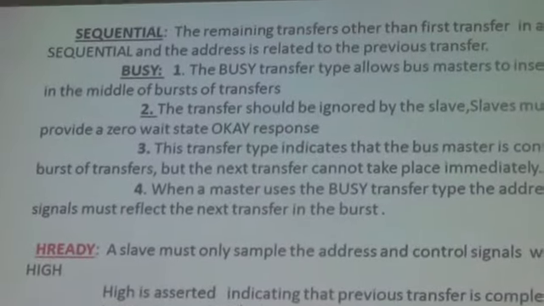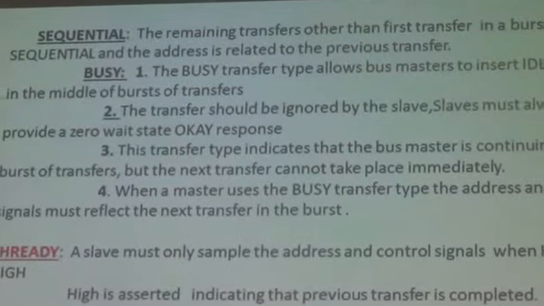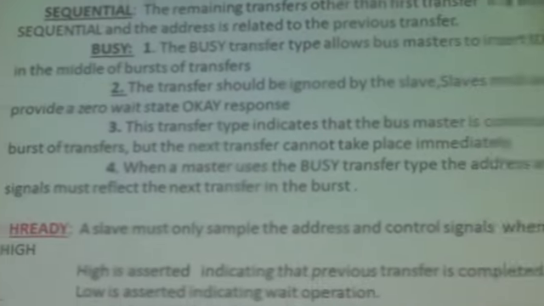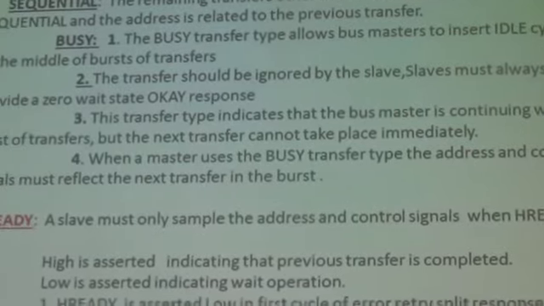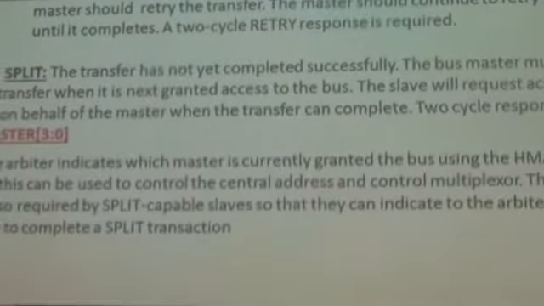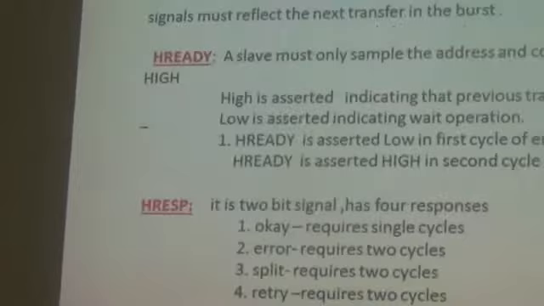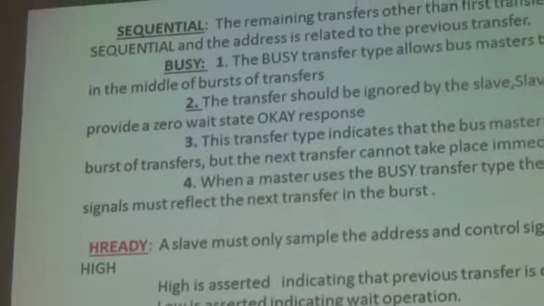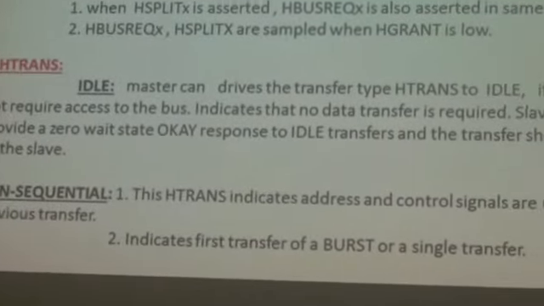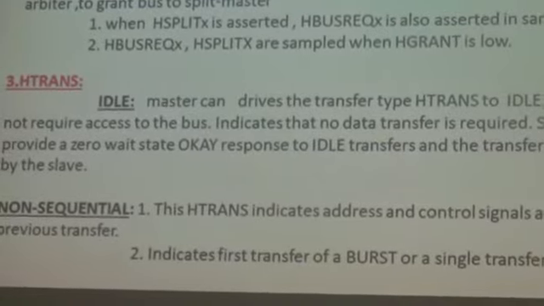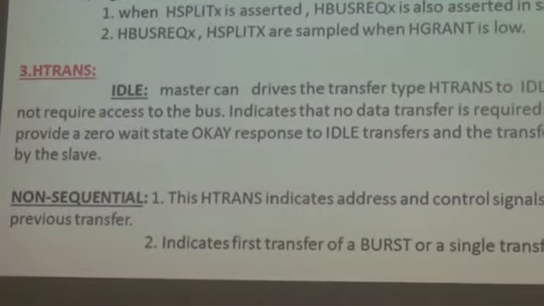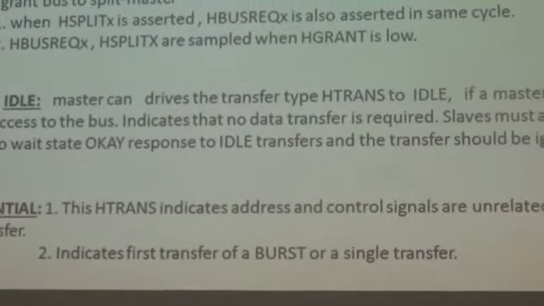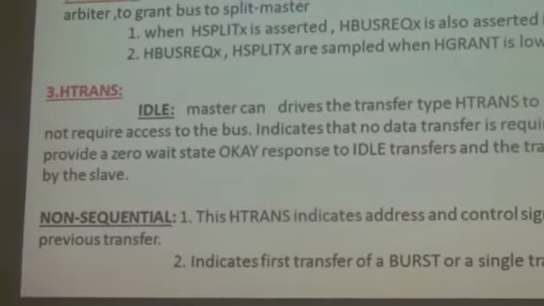Sequential transfer: the remaining transfers in a burst, other than the first transfer, are sequential and the address is related to the previous transfer. We have seen here in a non-sequential transfer that there is one transfer which is independent, and its address and control signals are not related to the previous transfer.